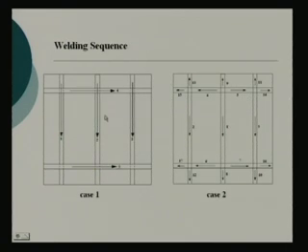So what happened in this case? You see how the stiffening progressed, because in welding sequence the idea is that one welding you do, the next welding nullifies the effect of this. That is the whole idea. That means essentially balancing of thermal stresses.